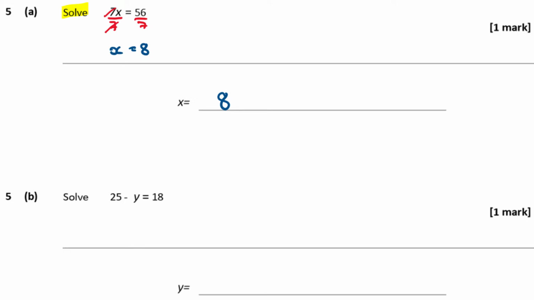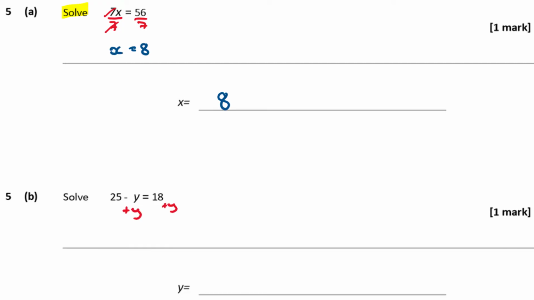Now part B says solve 25 minus y is equal to 18. Okay. Now I want to get y by itself, but if I take 25 away from here, I'm going to be left with minus y, which is not the best thing. It's going to make my life a little bit more complicated. So just to make my life easy, first of all I'm going to add y to both sides.